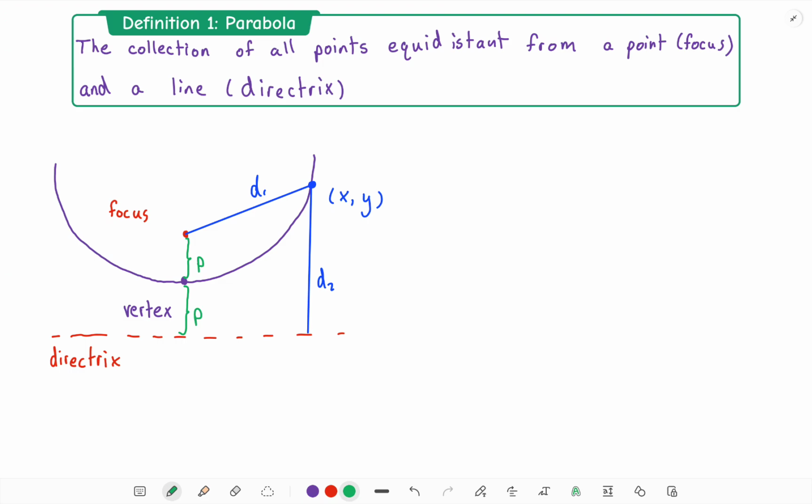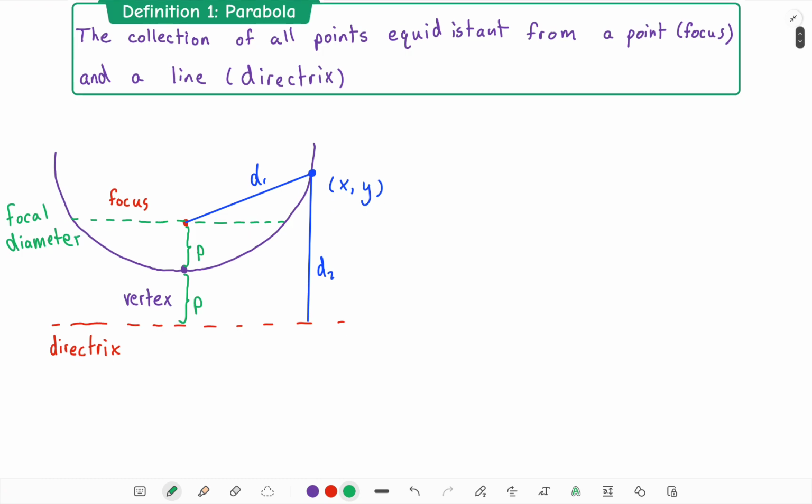Another definition we can introduce here is if you draw a line parallel to the directrix through the focus, that is called the focal diameter, which has a distance of 4p, which means the focal radius, because radius is half the diameter, is 2p.